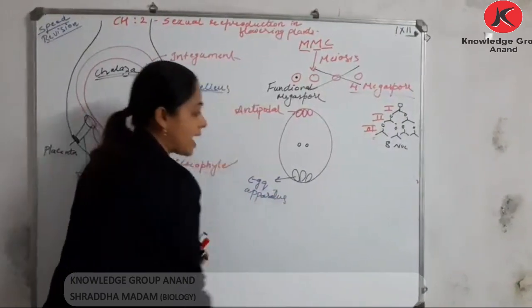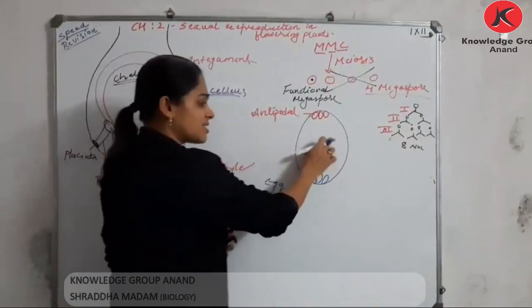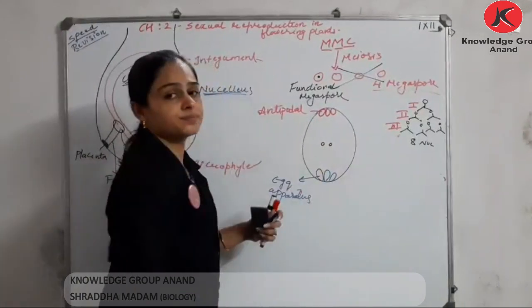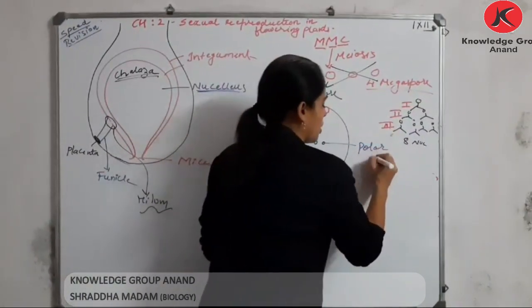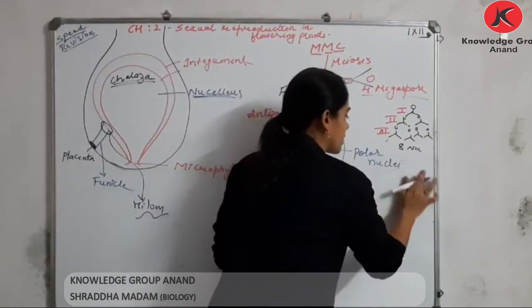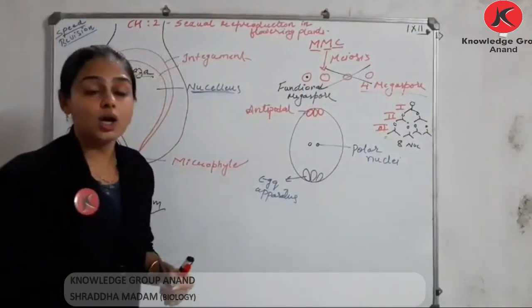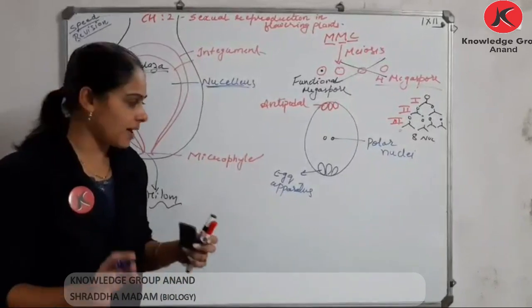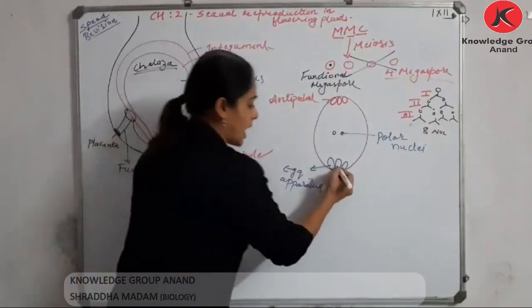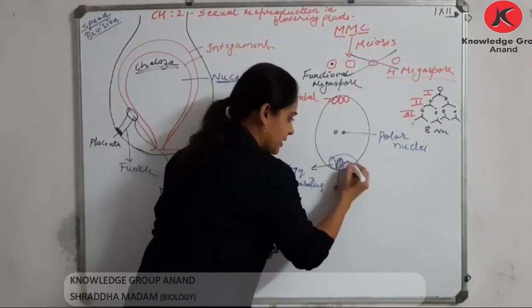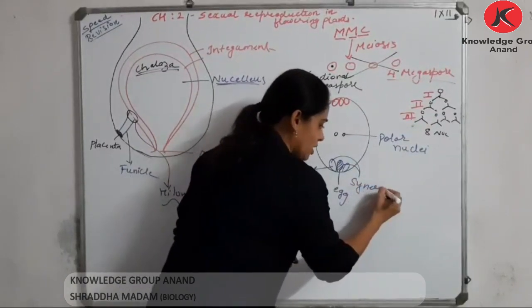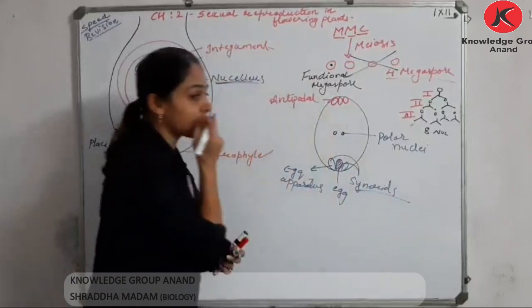And can you see this centrally located one? Yes, these are called as your polar nuclei. Am I clear? Okay. Out of which this one is your egg and these 2 are your synergids. इसको क्या कहा जाता है?